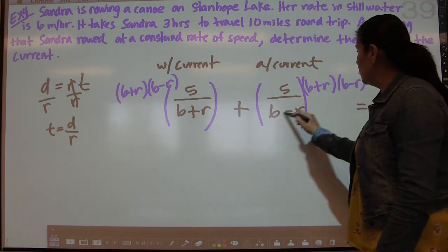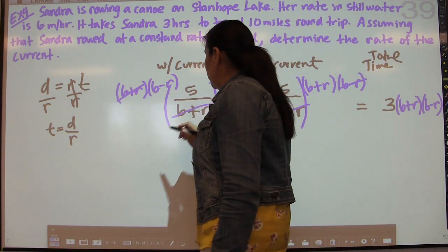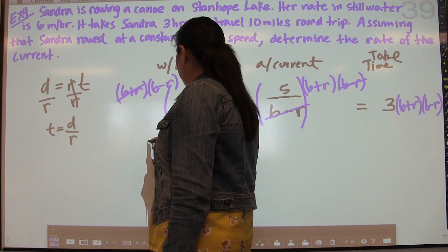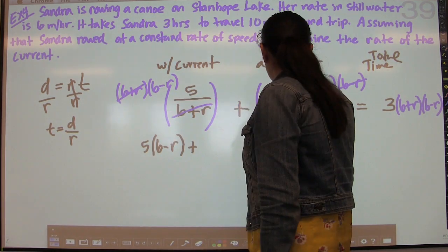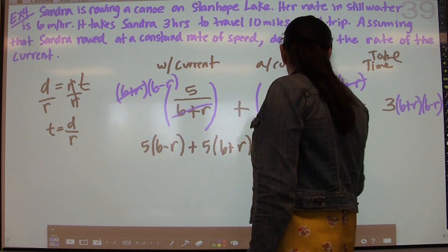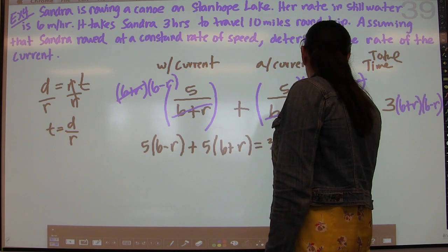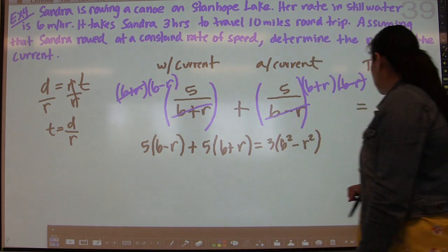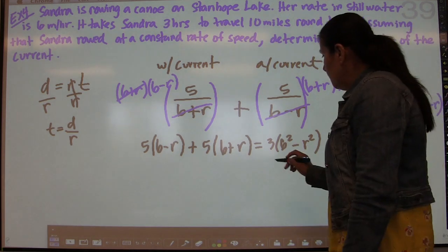So here the 6 minus r's will cancel, here the 6 plus r's will cancel, and you'll end up with 5 times 6 minus r here. Here you're going to have 5 times 6 plus r, and then over here you're going to have 3 times 6 squared minus r squared. That's because here you have 6 plus r and 6 minus r, a difference of 2 squares. When you have a plus b, a minus b, it's going to be a squared minus b squared, so it's 6 squared minus r squared.